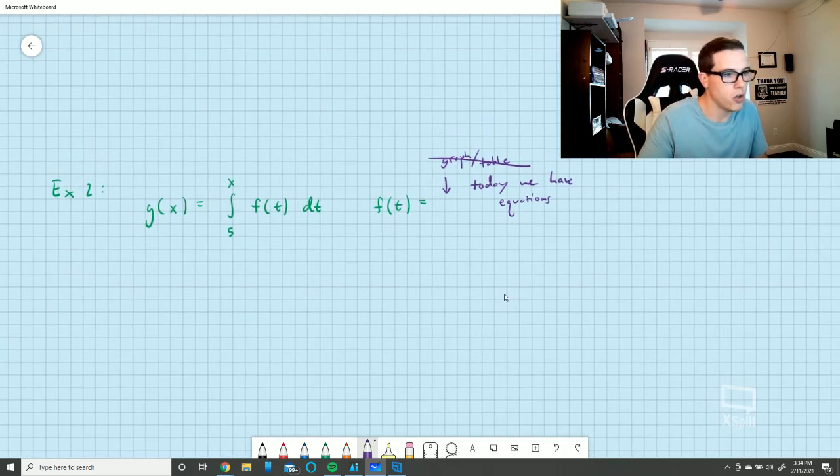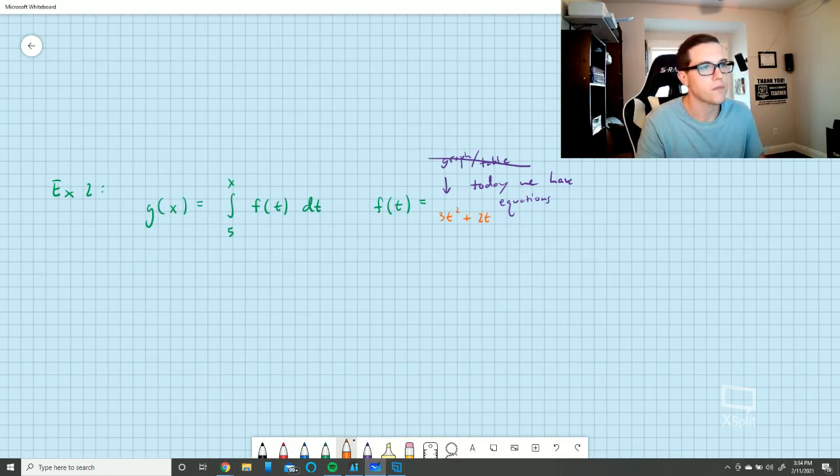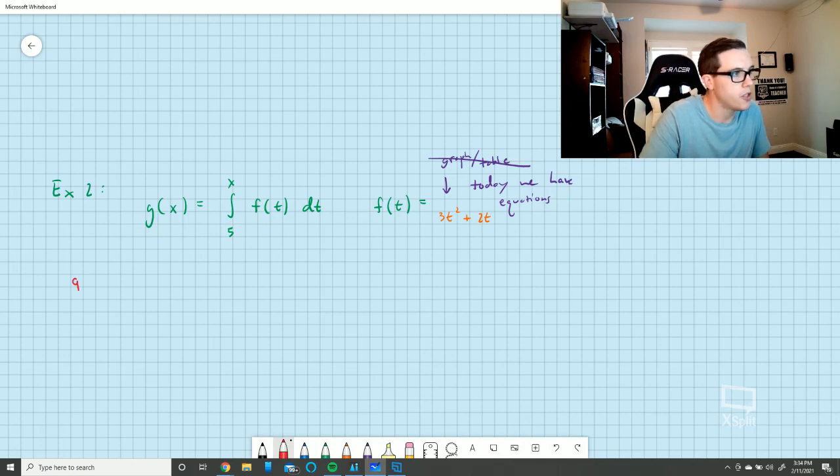All right, so let's come up with another one. What about 3t squared plus 2t? All right, let's do these four problems. Let's find g of 7. Let's find g of 5.